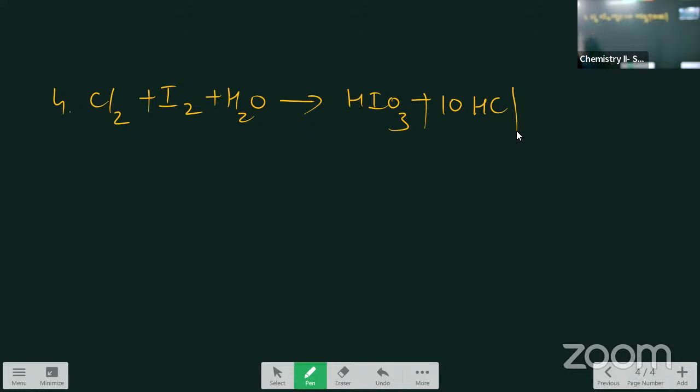What is the oxidation state of iodine here? Oxidation state of iodine. So this is I2. So 2x is equal to 0. X is equal to 0 by any number is 0. So oxidation state is 0. In hydroiodic acid, what is the oxidation state of iodine?